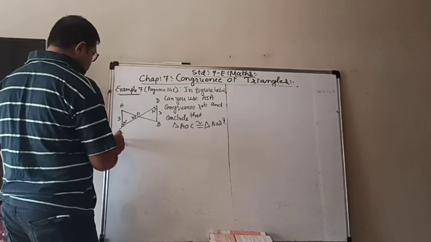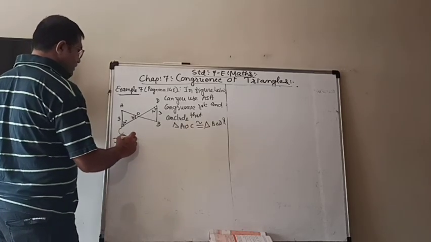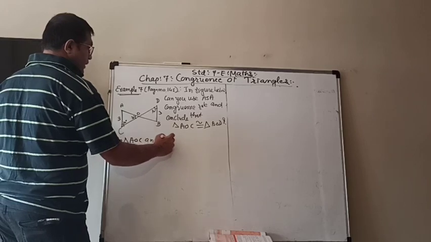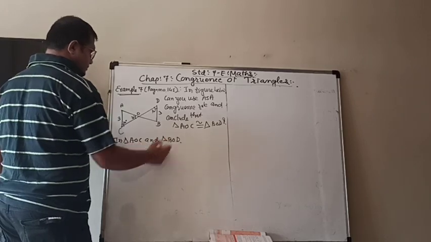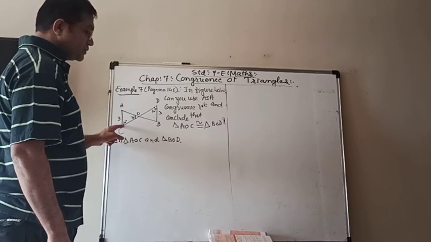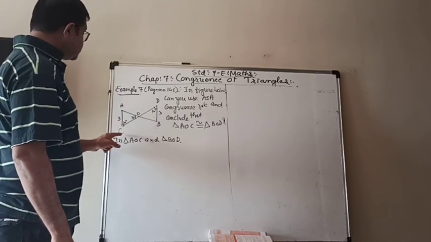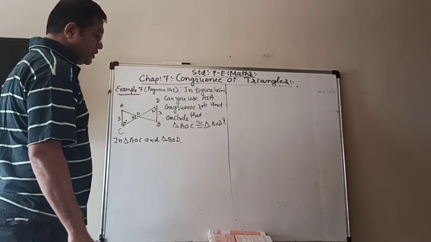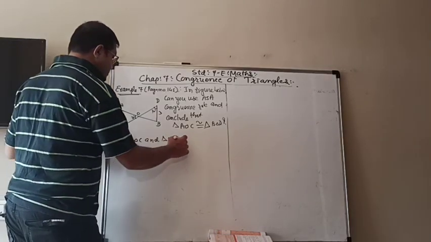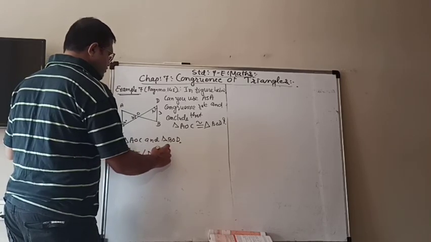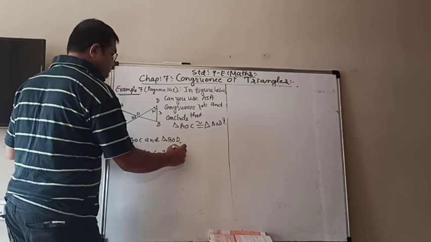So let us see, in triangle AOC and triangle BOD, we are given that angle C and angle D are equal, right? So we can write down angle C equals angle D is equal to 70 degrees, given.